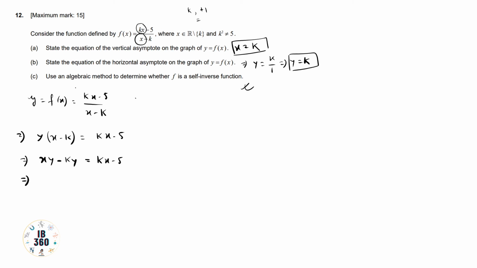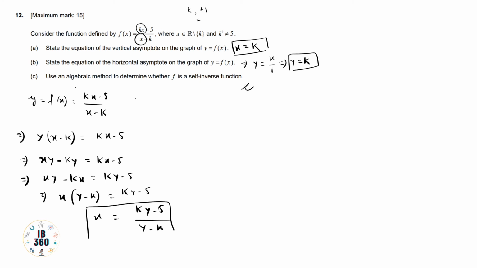Okay, so just take the values: xy minus kx equals ky minus 5. So we are taking x common, x into y minus k equals ky minus 5. So x equals ky minus 5 divided by y minus k. Okay, so this is the equation here.